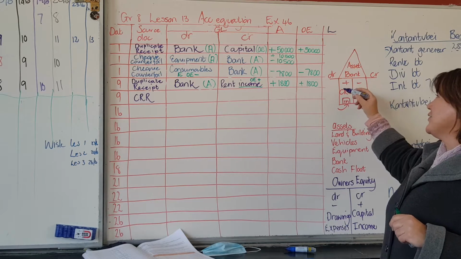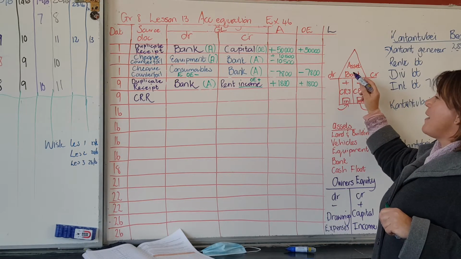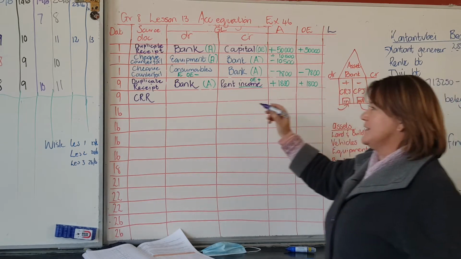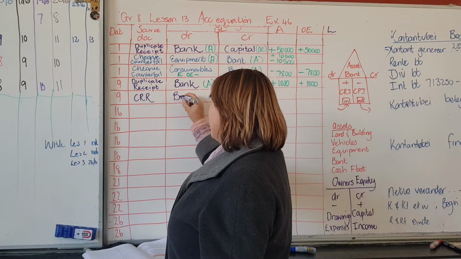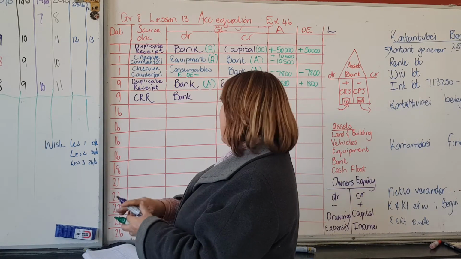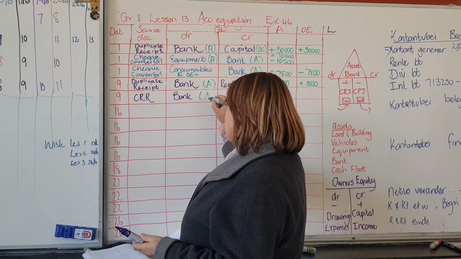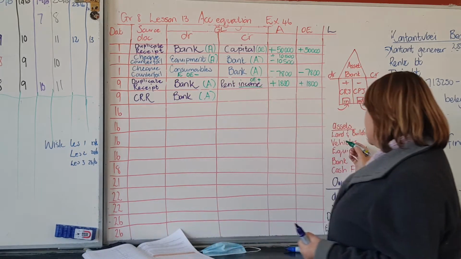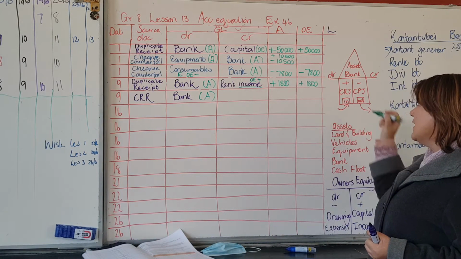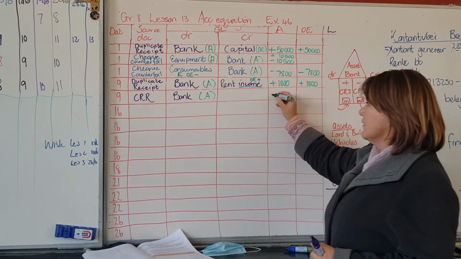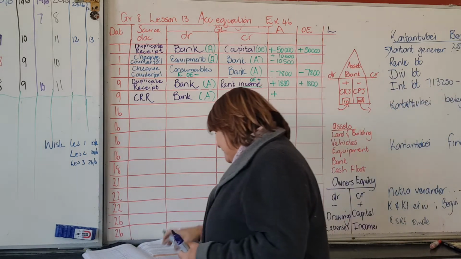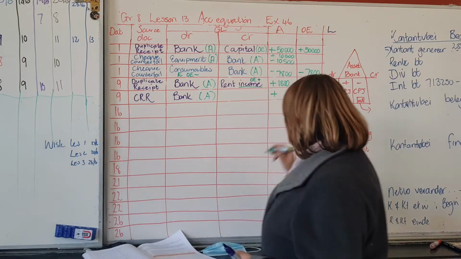Your bank account is going to increase, so your bank account is going to be debited. And remember, bank is an asset. So what happened to your asset? It increased. And the amount, 4,600 Rand.